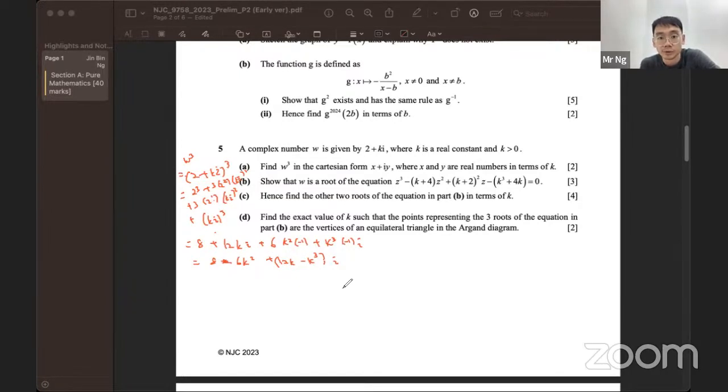Show that W is a root for this. So to show something is a root, you put in, then see whether it still satisfies the equation. Okay, so W cube, Z cube will be W cube will be this. Okay, minus, wow, Z square.